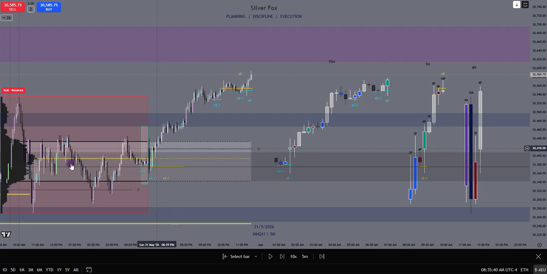We also have New York's value area loaded here, which is aligned with the Fox box, and we can see that the point of control for New York session is right here, and we are respecting that, and we want to see price get accepted above this value area, breaking above the value area high there, and we can look for our long entries.